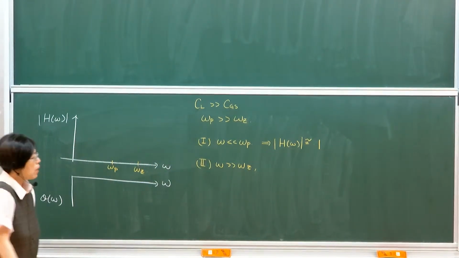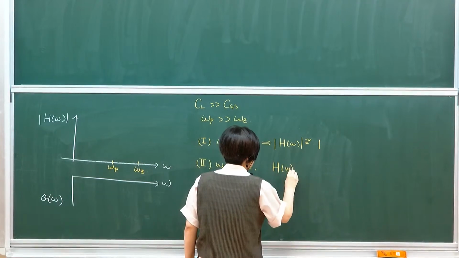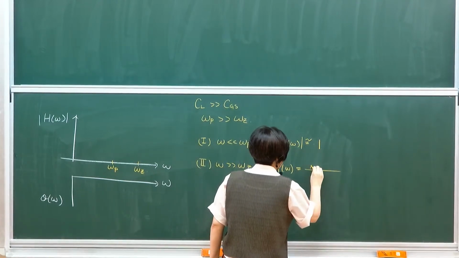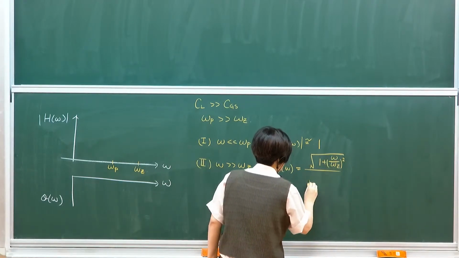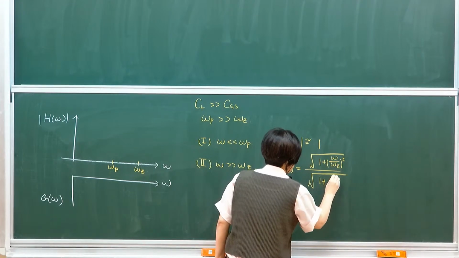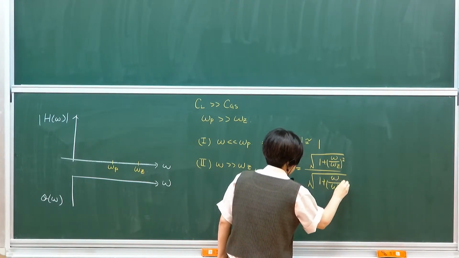So when it's much, much higher than 0, let's look at the transfer function. Looks something like this: the square root of 1 plus omega over omega Z squared, divided by 1 plus omega over omega P squared.